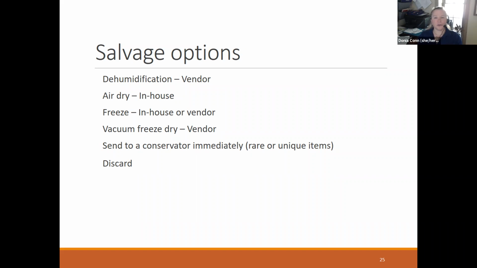And do you know what you would need to do to keep that reefer truck operational so you can pack your boxes of wet materials in there to freeze? Have you made those relationships with the vendors to come in and do vacuum freeze drying? Have you made those relationships with the conservators that you might need? You can incorporate all of this into your training.